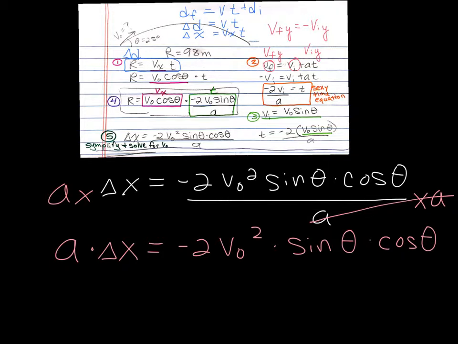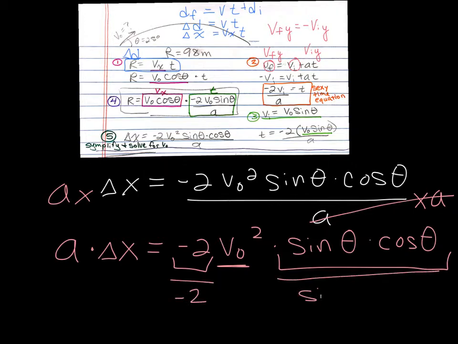Okay, so now I still need to get V naught by itself, and it's being multiplied by this negative 2 and by the sine theta cosine theta. So please watch out for using your correct operation to get the negative 2 and the sine theta cosine theta to the other side. You're not subtracting anything, you have to divide them. So I'm going to divide by negative 2, divide by sine theta cosine theta on both sides.